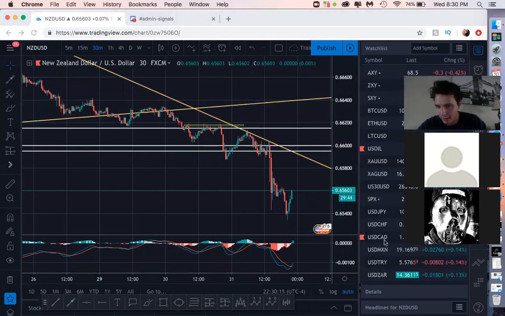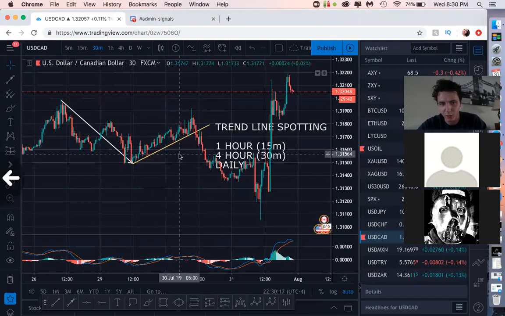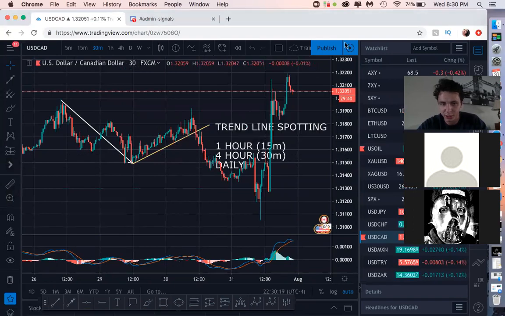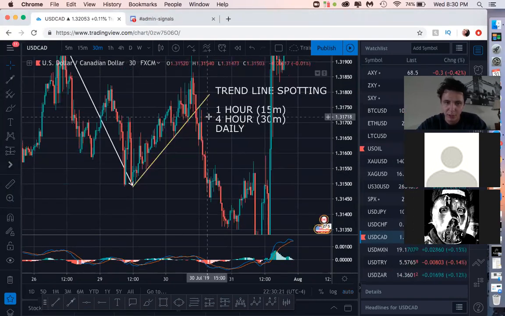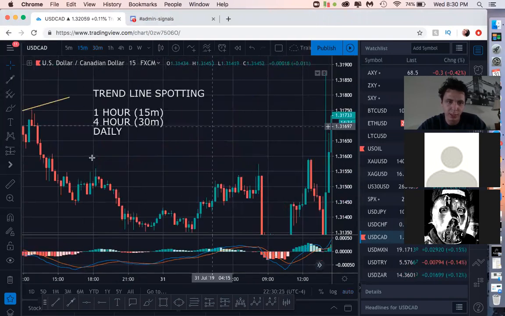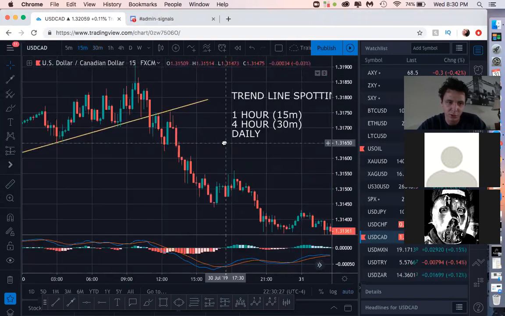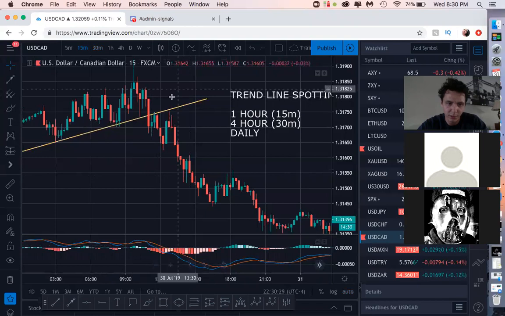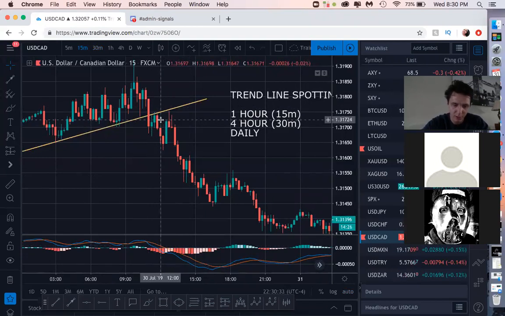But going back, I saw USD CAD making this formation, setting up for a nice drop. I was just waiting for the market to break the trend line and cross. So again, we had the cross happen roughly here, and that would align with that.